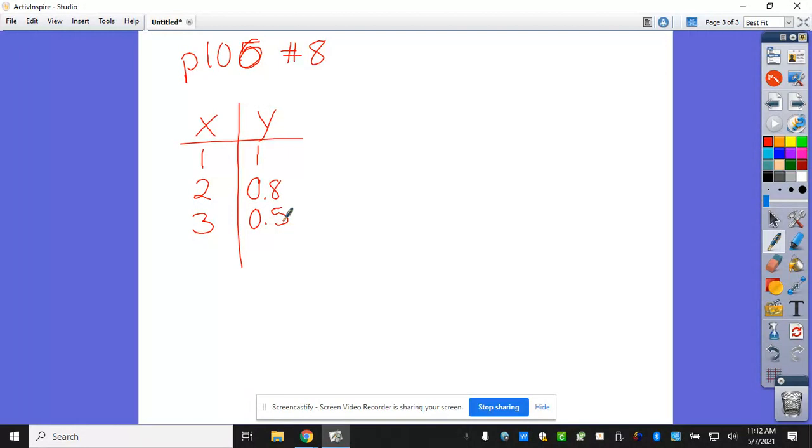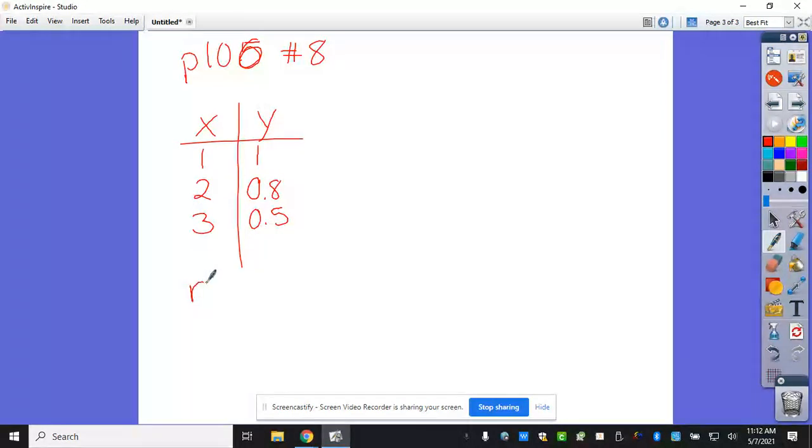So as one goes up, the other one goes down. I got a really strong negative R, but let's just roll with it and see what happens.